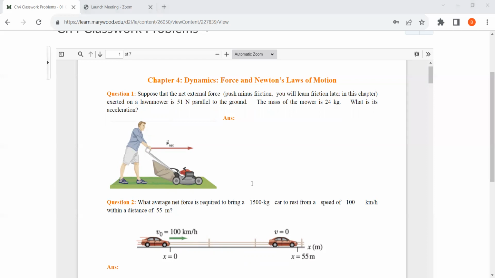So to solve, we need Newton's law. Newton's second law tells us that F equals ma. Basically we need the x direction, so Fx equals m ax. Here it already tells you that the net force is 51 Newton and the lawnmower's mass is 24 kilogram.